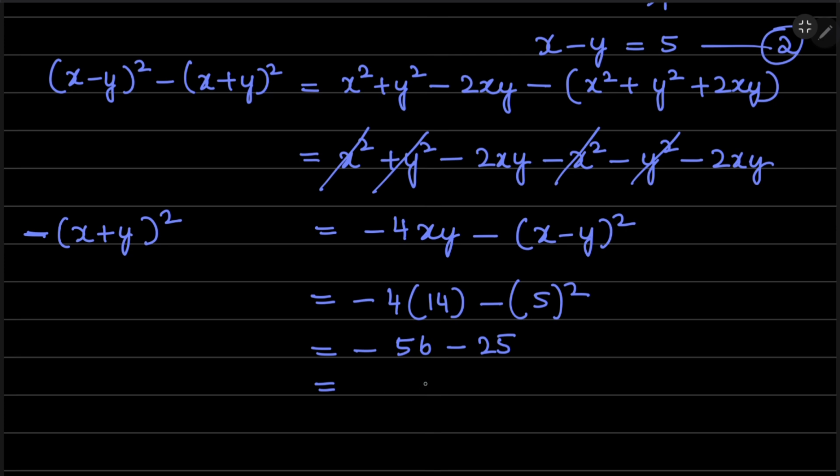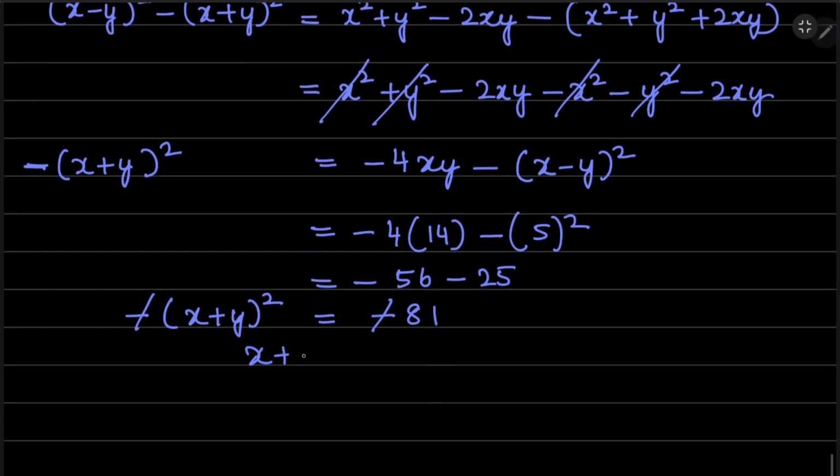So what do you get here? Minus 81. This is nothing but minus of x plus y the whole square. Minus minus gets cancelled. What is x plus y? It will be equal to 9. Isn't it? Plus or minus 9.